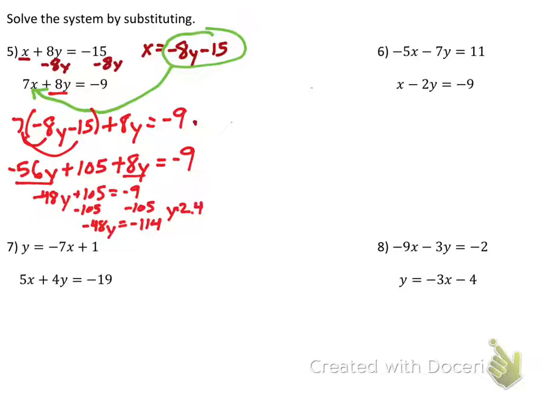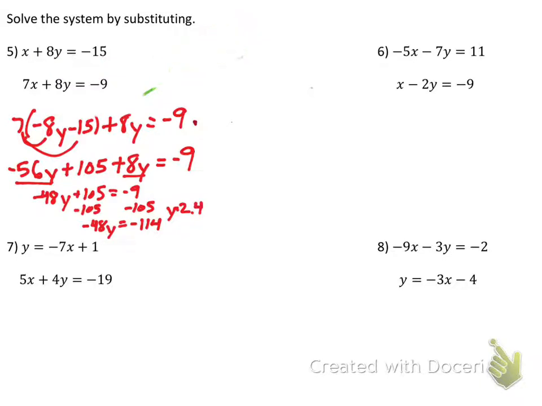So now we go back up and we have these two equations, right? And I can take the 2.4 and plug it into either one of these. I'm just going to plug it into the first one. So I have x plus 8 times 2.4 equals negative 15. And then that will be x plus 16.8 is equal to negative 15.